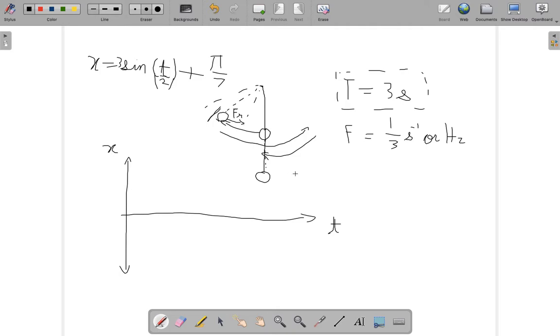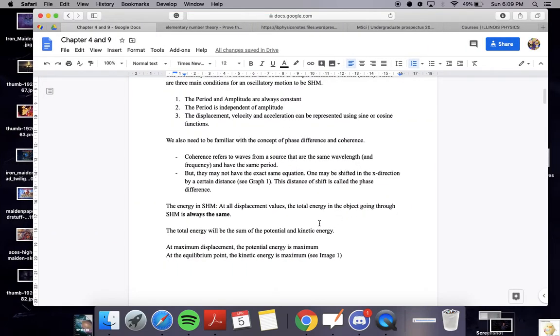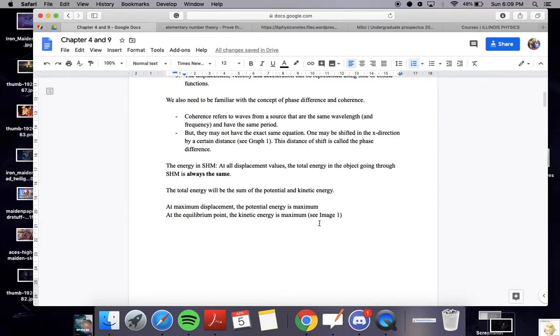Because the restoring force is proportional to the displacement and mass is a constant, you can also say that x is proportional to minus a, where x is the displacement and a is the acceleration. Alright, and that's simple harmonic motion.